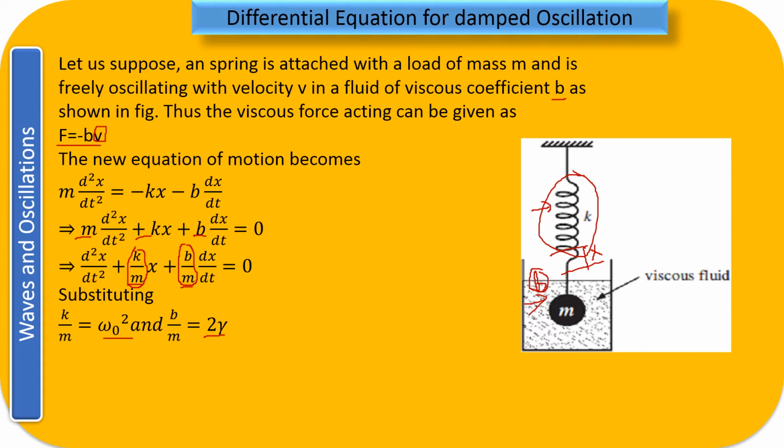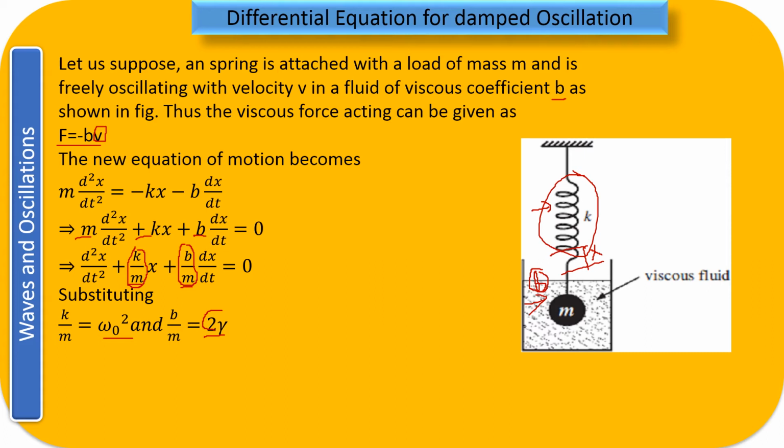Whenever we have written b/m, we can take 2 gamma, and if I have to convert gamma back, the moment we get 2 gamma, I can convert it back into b/m. That you should always remember.